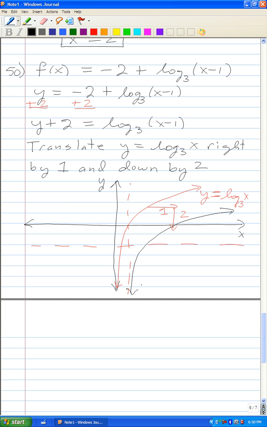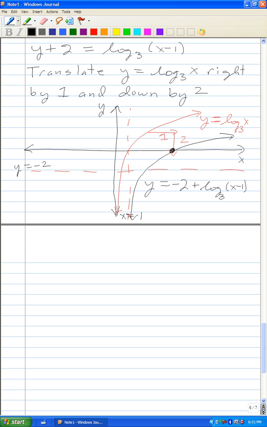So this is a graph of y equaling -2 plus log base 3 of x minus 1. Okay, of course, we know that this line is x equaling 1. This is y equaling -2. Not that that matters.